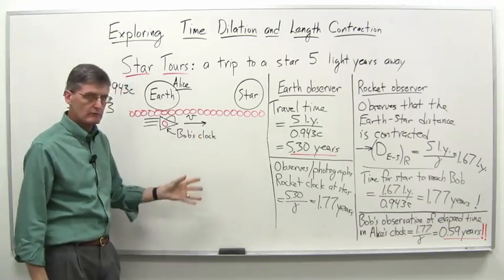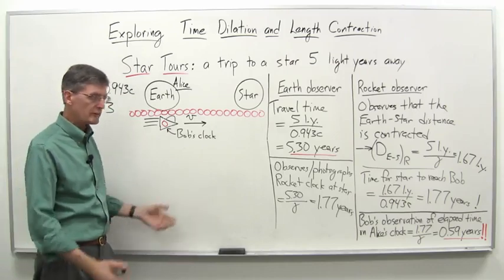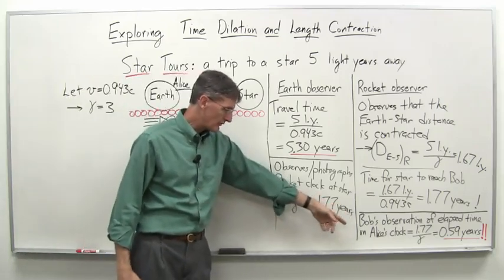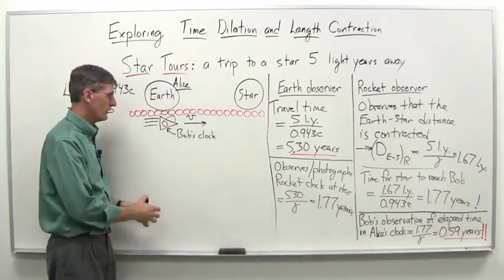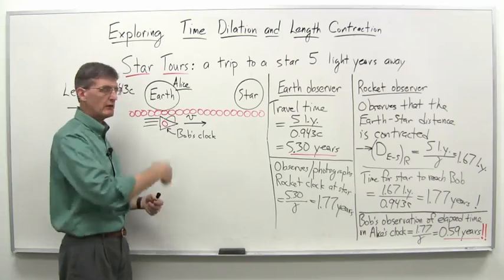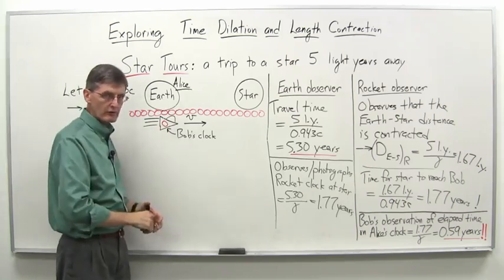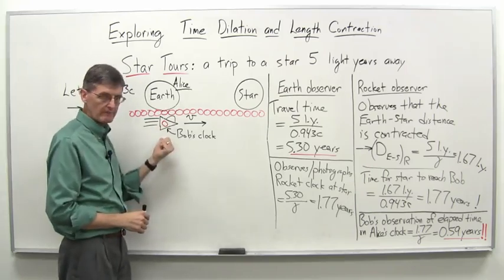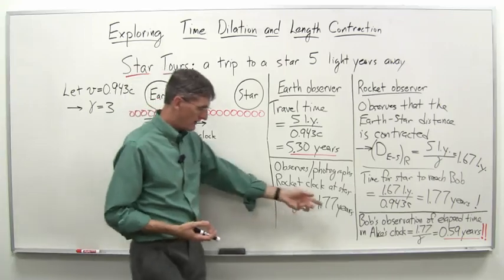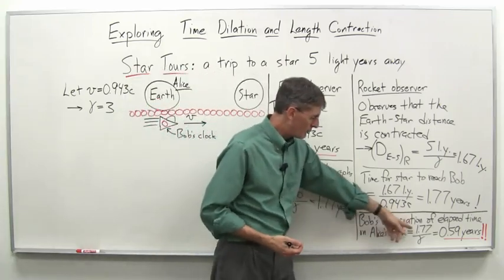But doesn't it apply the other way as well? And the answer is absolutely it does. So we said Bob's observation of the elapsed time on Alice's clock: he's sitting there, watching Alice's clocks go by. He compares the timekeeping on her clocks to his clock and sees a time dilation factor, such that, I squeeze it in down here, it's 1.77 years.